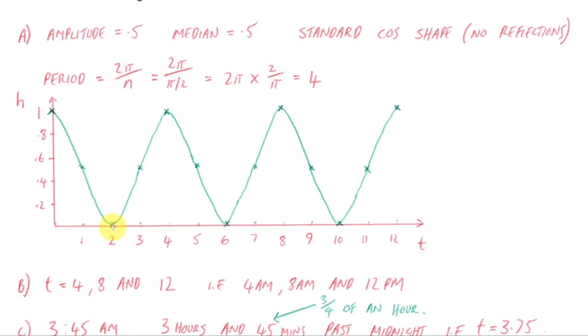So halfway, I'm going to have my minimum, and then halfway either side of that, I'm going to have my median. So my pattern for a standard cosine is max, median, min, median, max. That's done in 4 hours. So over an interval of 0 to 12 hours, I'm going to have 3 cycles produced, and you can see that.